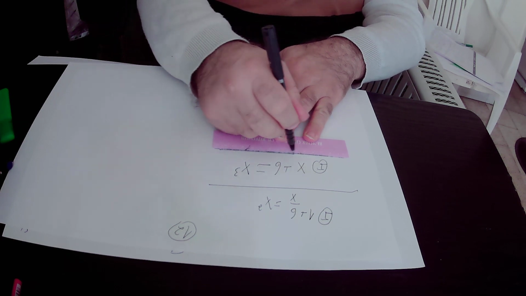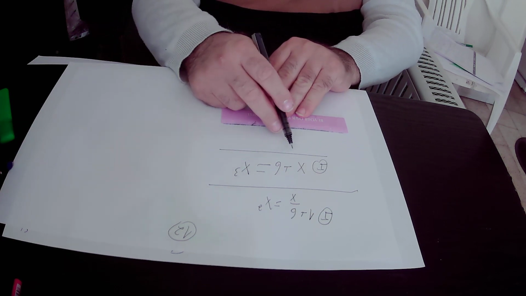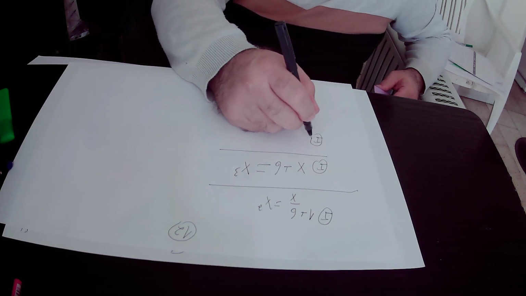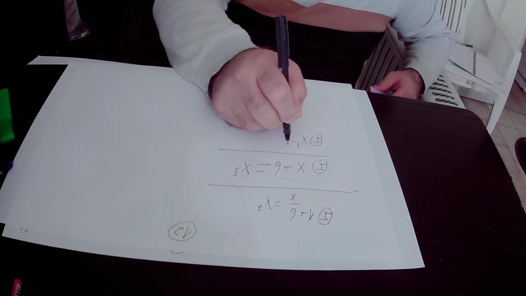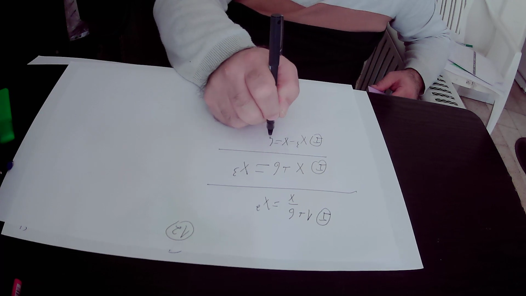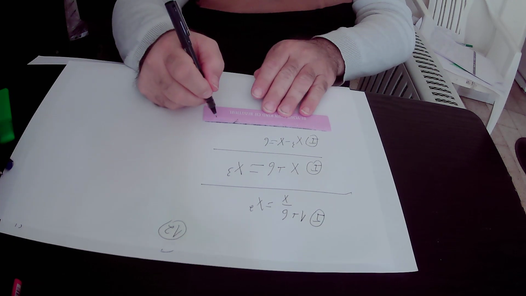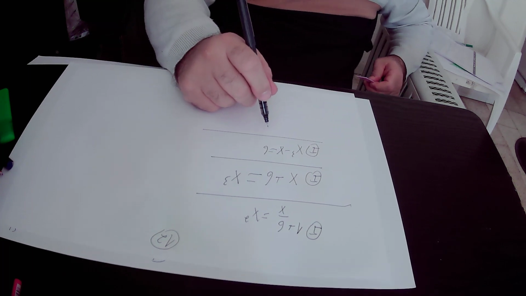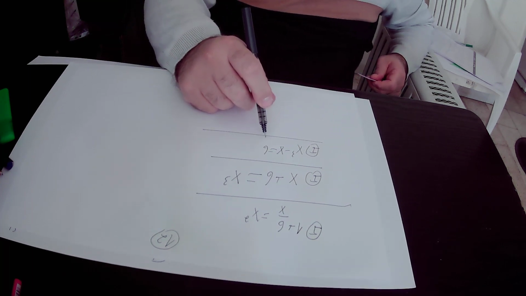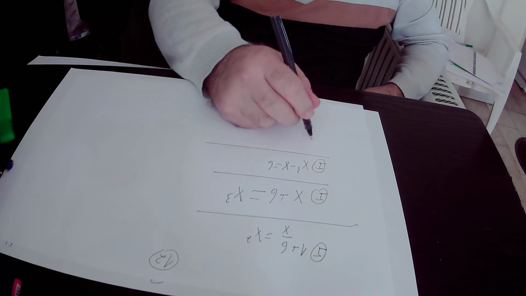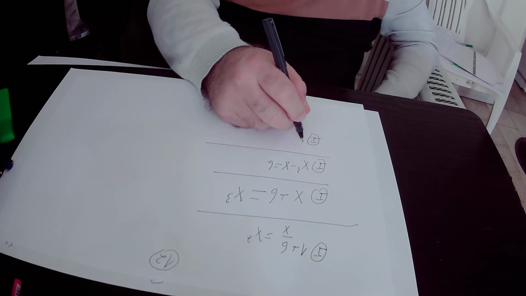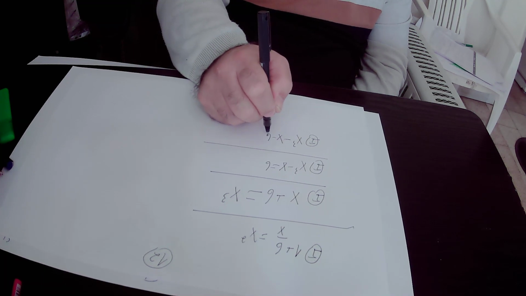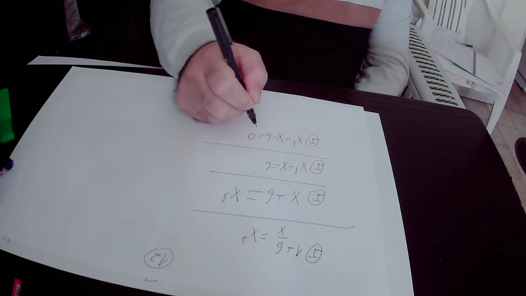Here we will subtract x and we will get x cubed minus x equals 6. Then we subtract 6 and we get x cubed minus x minus 6 equals 0.